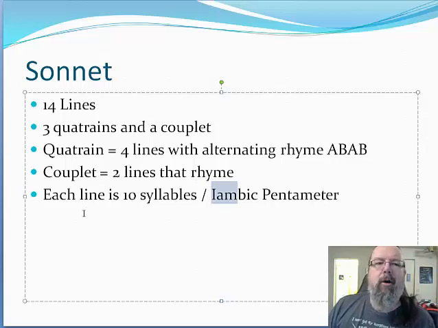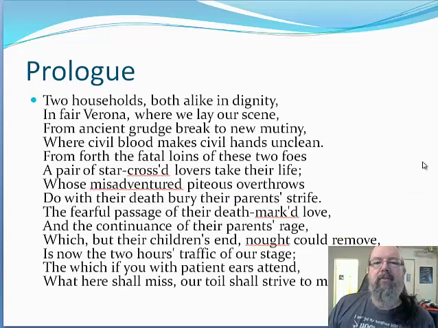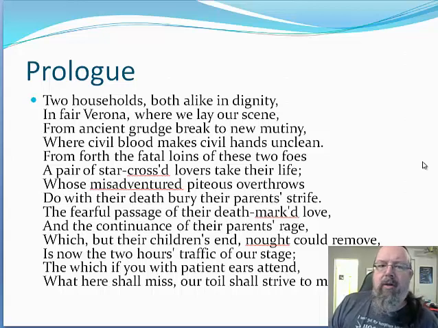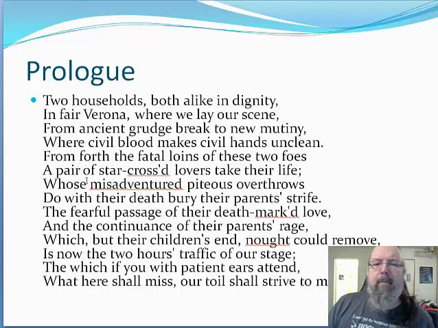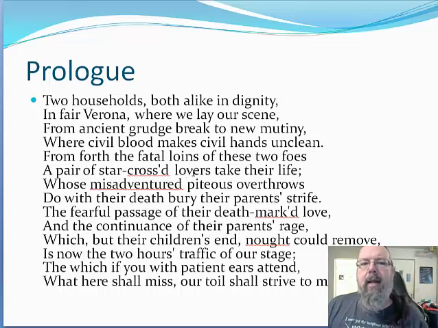Let's look at the prologue. This is it. Two households, both alike in dignity, in fair Verona where we lay our scene. From ancient grudge break to new mutiny, where civil blood makes civil hands unclean. From forth the fatal loins of these two foes, a pair of star-crossed lovers take their life, whose misadventured piteous overthrows do with their death bury their parents' strife.